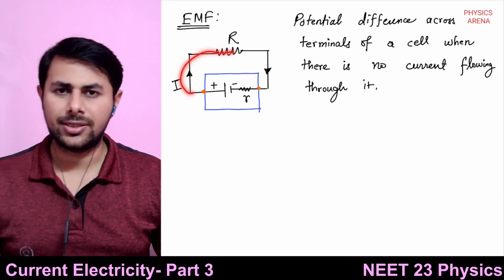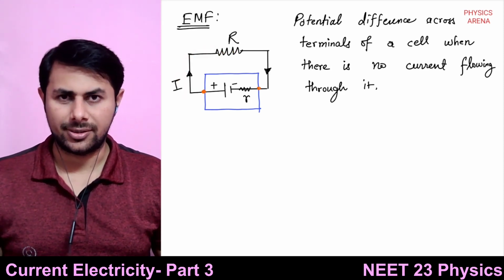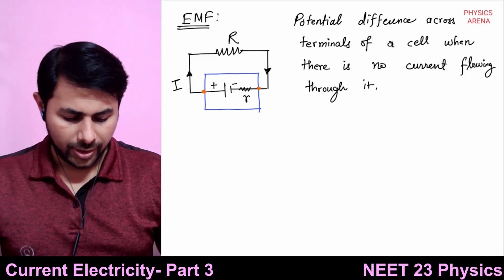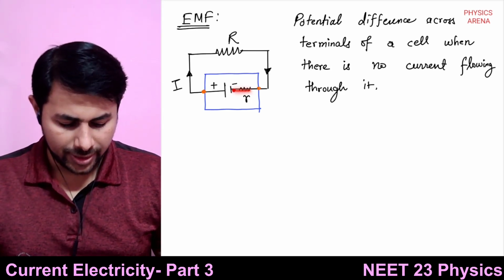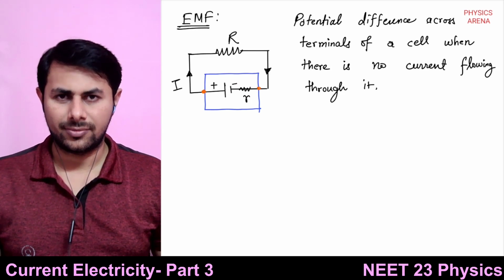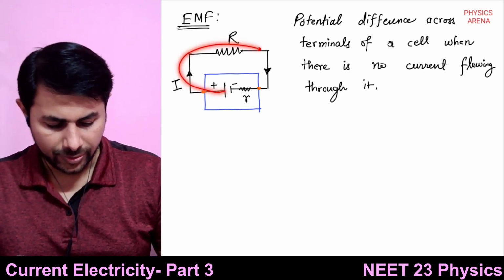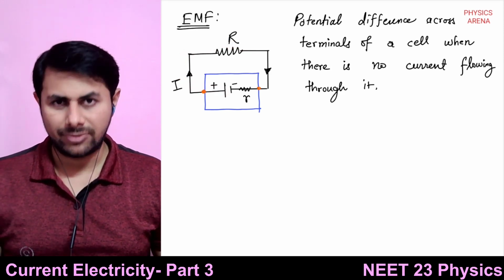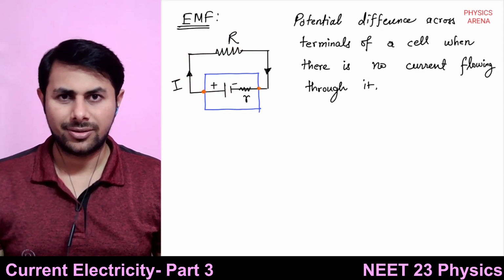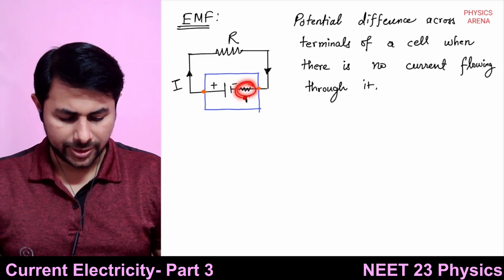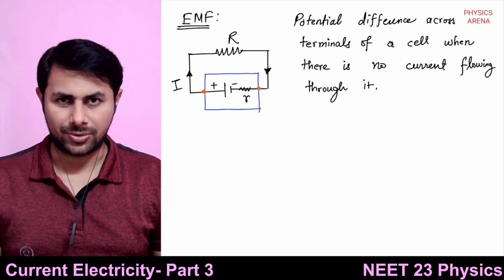Current flowing through this resistor multiplied by the resistance. Now the same current would be flowing through the internal resistance also. The battery maintains that much current, so the same current flows through the external resistance as well as the internal resistance, small r.